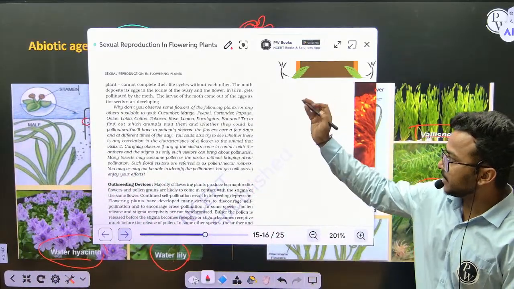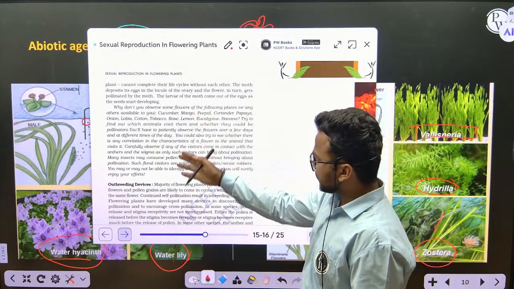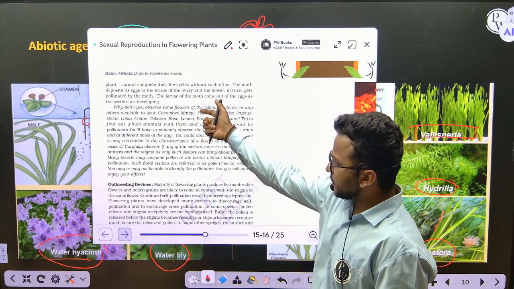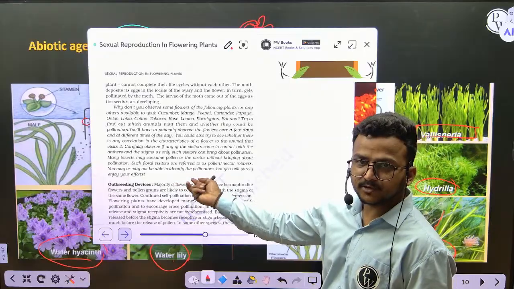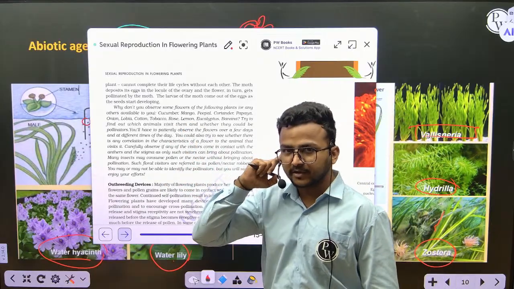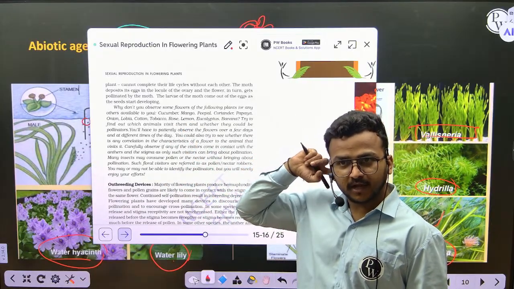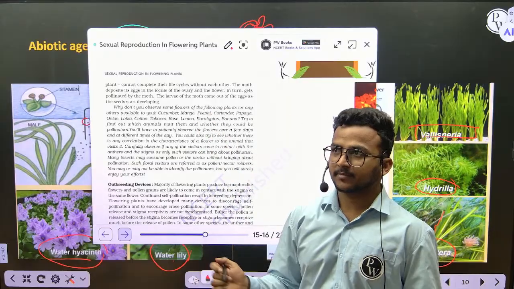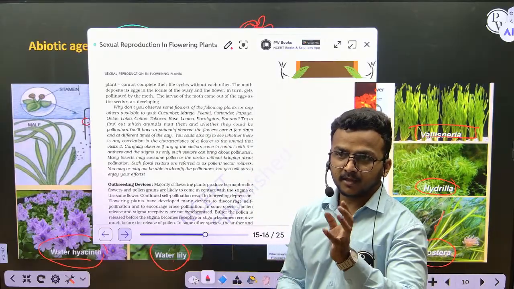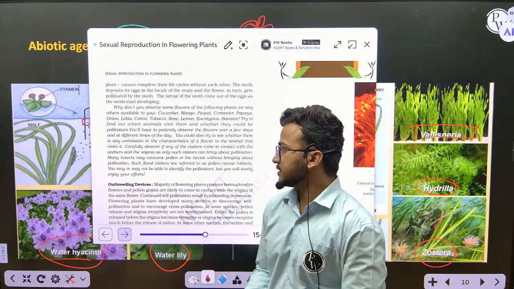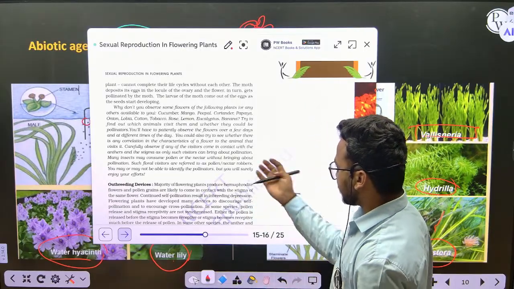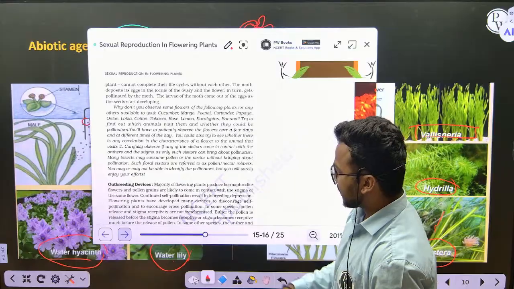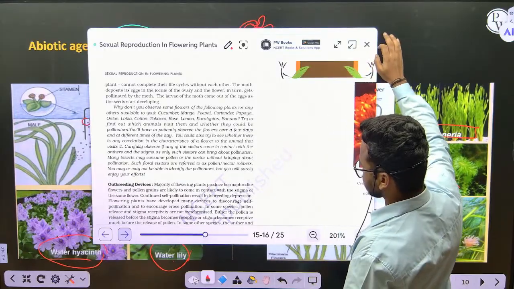Some examples are given, and some activity is given to you in this para. You need to observe how the pollination takes place. You need to observe a tree, and what the pollinators are, the pollen visitors, and what the pollen robbers are. You need to collect some information regarding that.